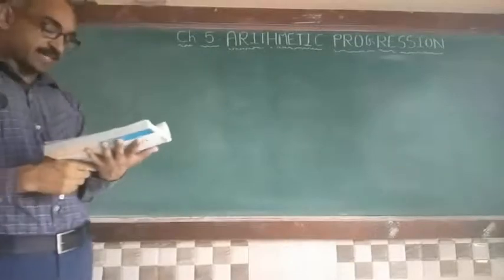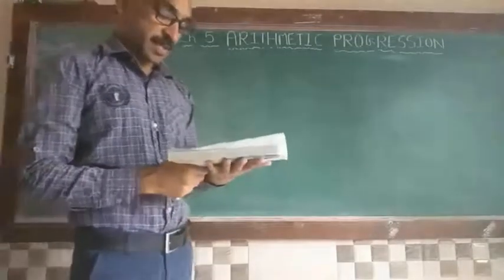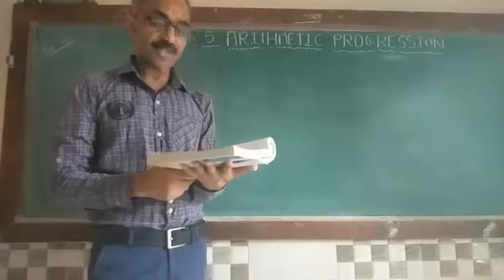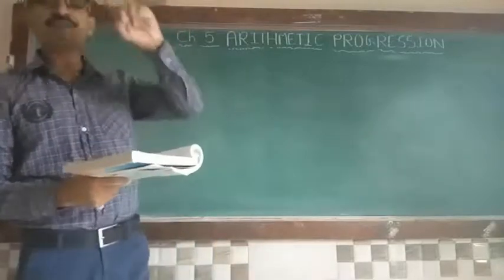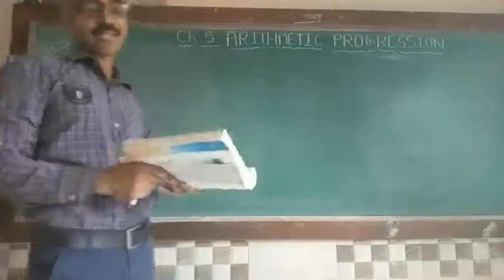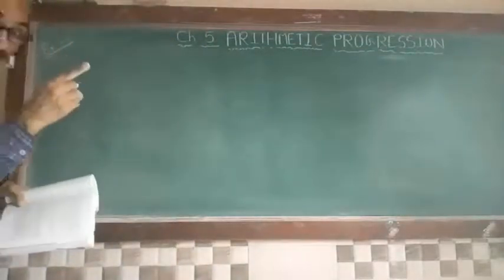Example number 15: a contract on a construction job specifies a penalty for the delay of completion beyond a certain date as follows. Rupees 200 for the first day, then rupees 250 for the second day. So the penalty makes an AP.